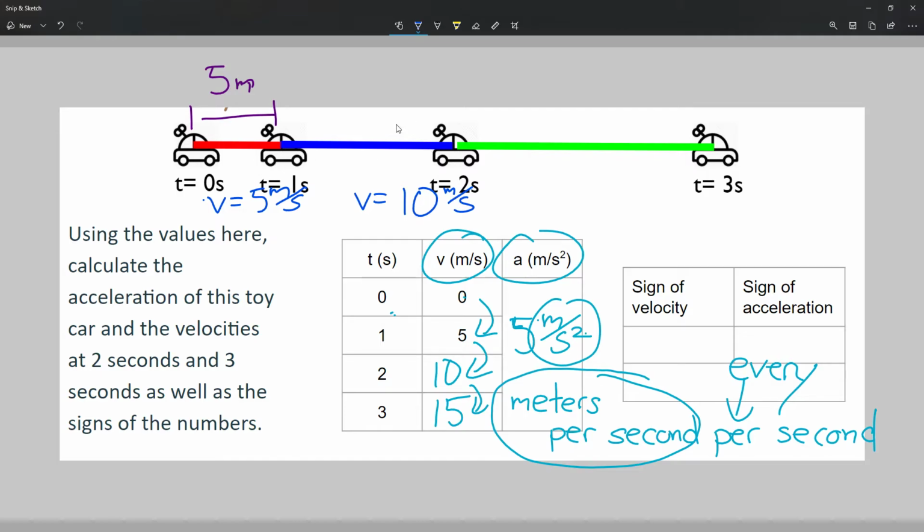From 1 to 2 seconds, the distance I travel with a velocity of 10 meters per second is 10 meters, because every second I travel 10 meters. And we move on, and my velocity here is now 15 meters per second.